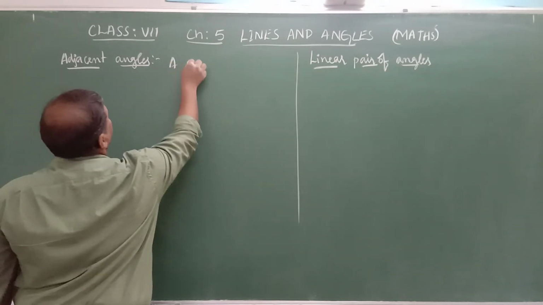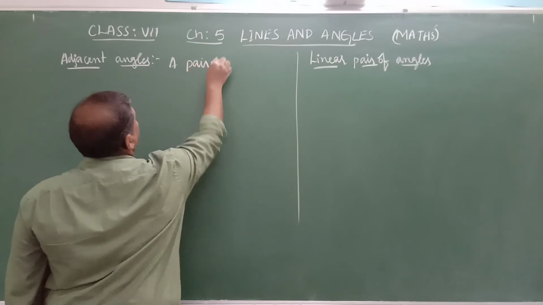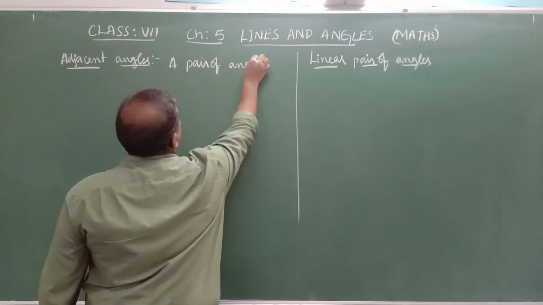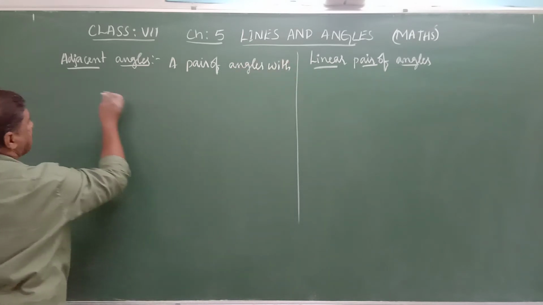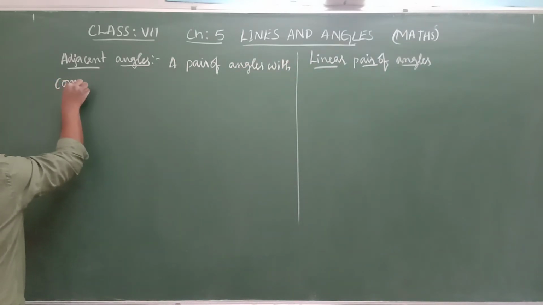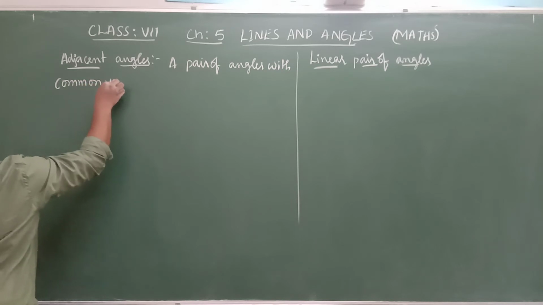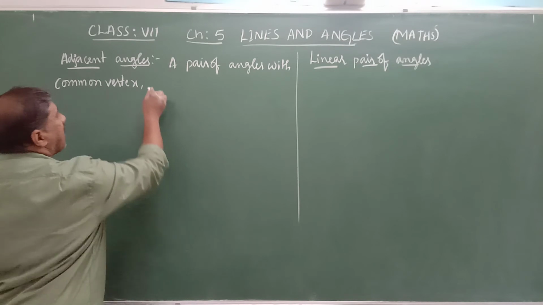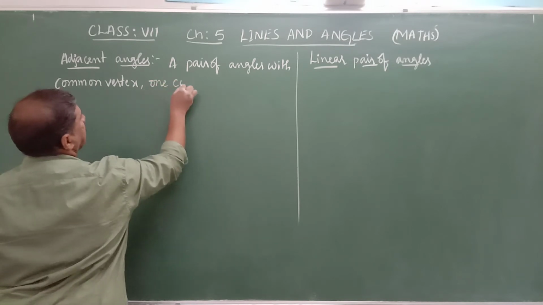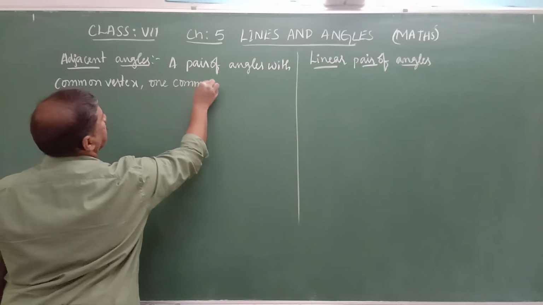A pair of angles with a common vertex. The same vertex should be there, and one common arm. What is an arm? An arm is a ray.